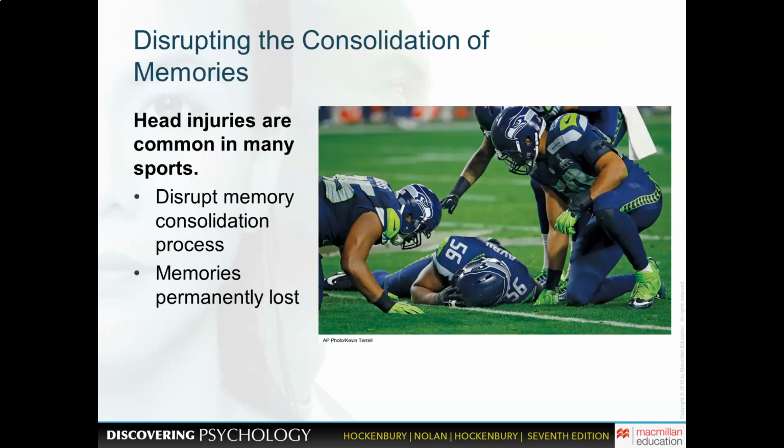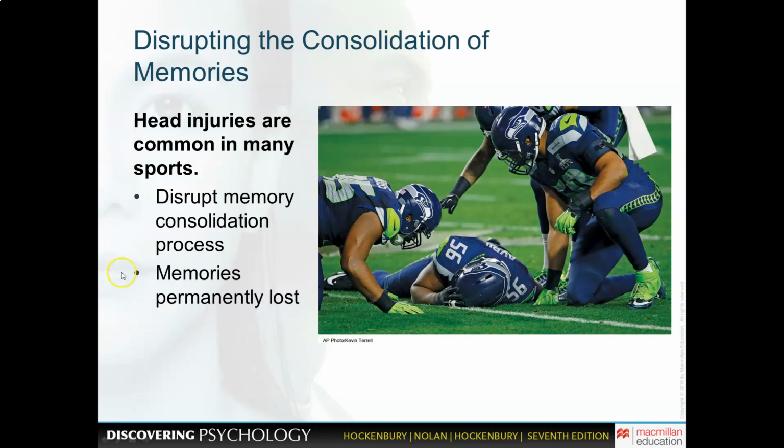Now, I put this picture in here just because, definitely, head injury can be a very strong factor in memory issues, for those who experience degradation of memory ability.